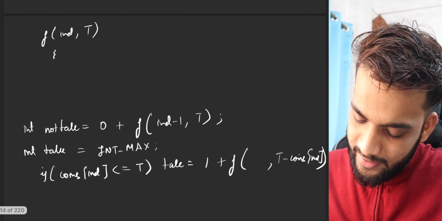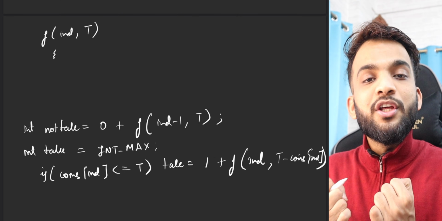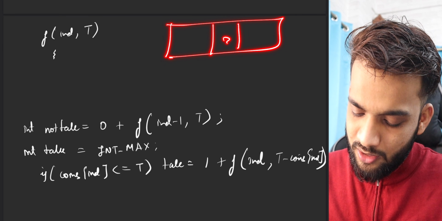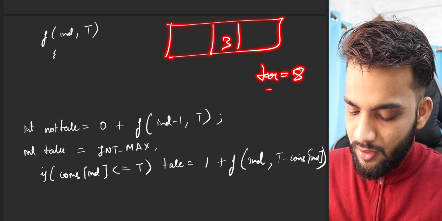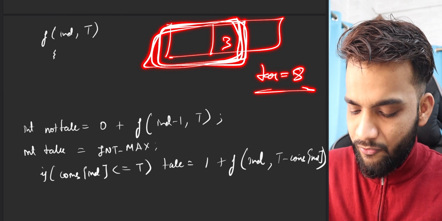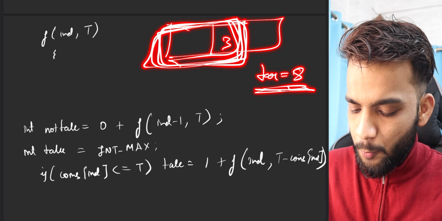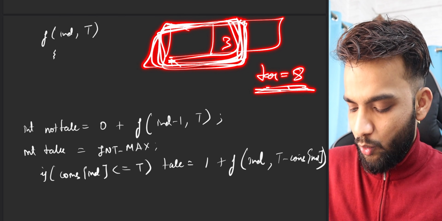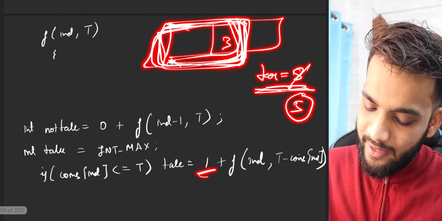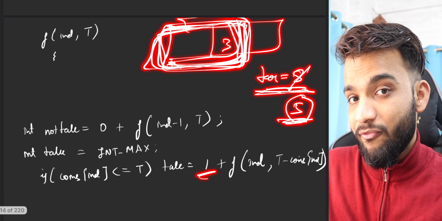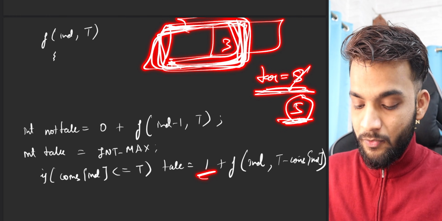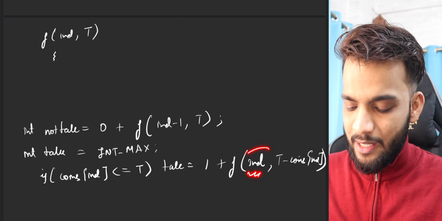So I will call the index again, and this time with a reduced target. Basically, if there was a 3 and the target was 8, I was looking for the minimum number of ways in which I can form 8 in this portion of the array. Now, if I picked it up once, this will be 5, and I'll again look in this array, in how many ways can I form 5? That's my motive, that's my thinking. Make sense? So what I did was, I stayed at the same index.